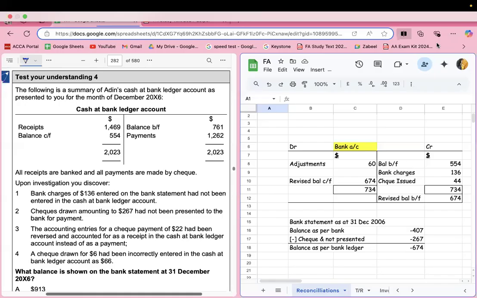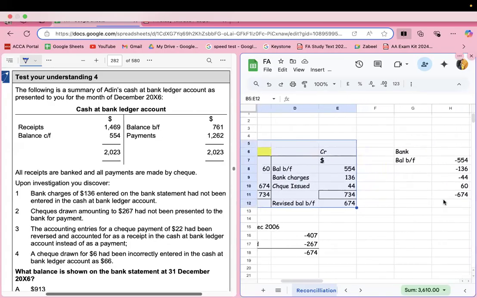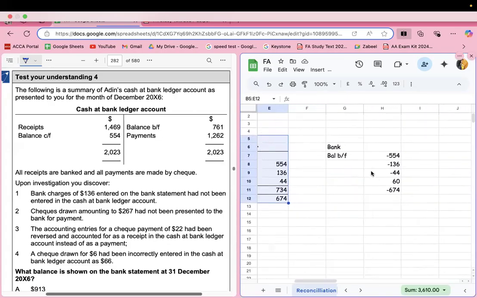For anything that deals with ledger accounts, you have two ways of doing it. Either you can create a whole account like this and prepare it, that is debit and credit, and then you adjust the things. Or else you can do the minus and plus method.